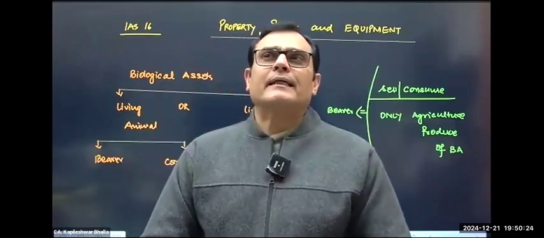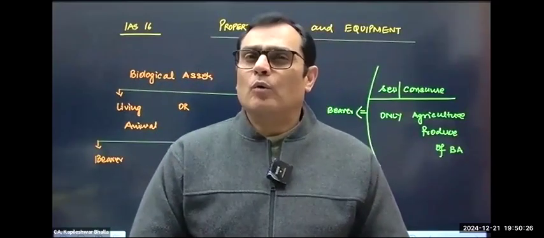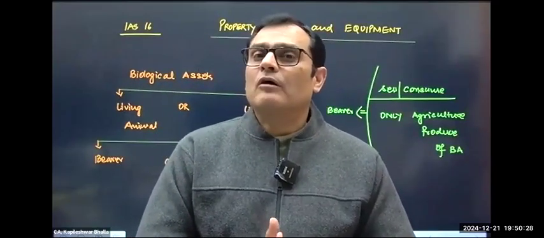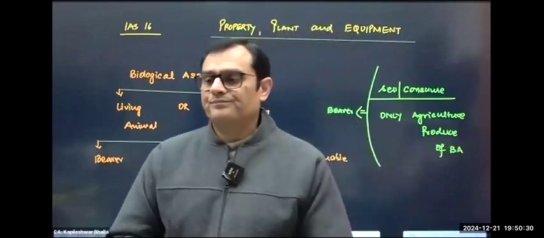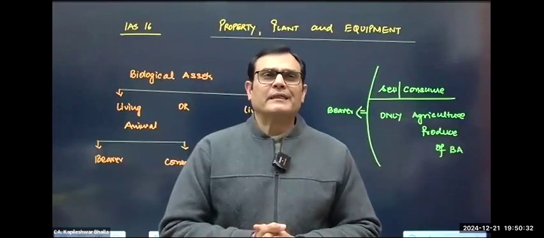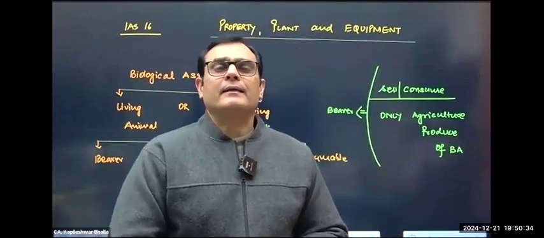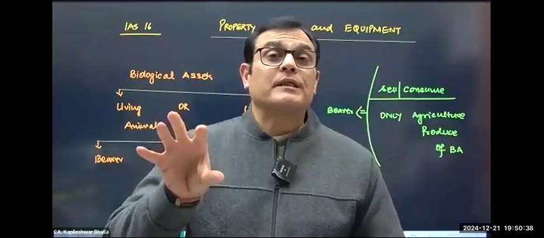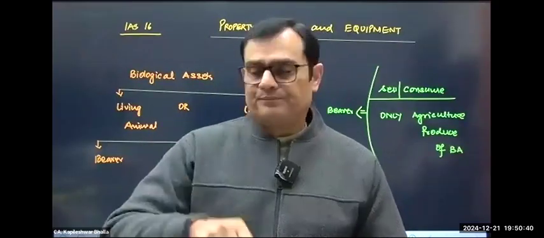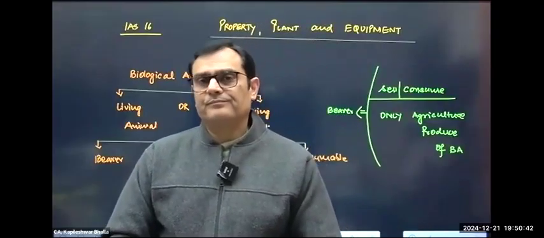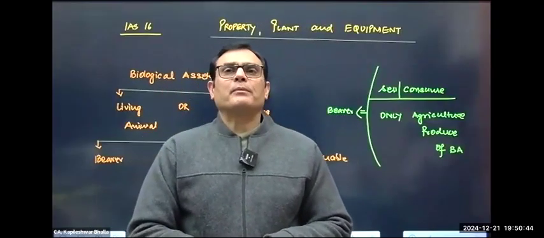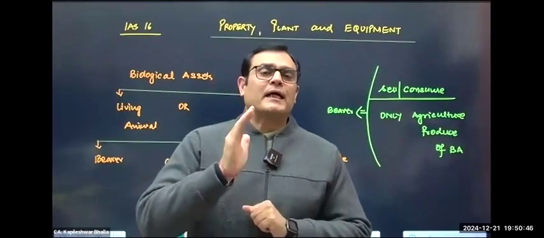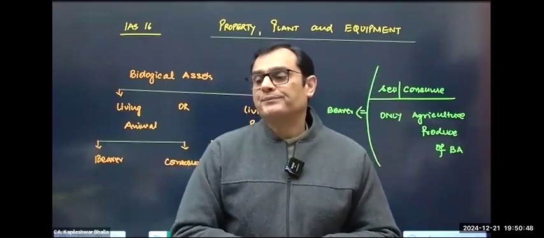Let's say I am looking at a cow and I'm only going to sell the milk. Bearer. Wonderful indeed. Let's say I am looking at a mango tree where I am going to sell the mangoes and also the wood of the tree. Consumable. Correct. Let's say I've got a teak tree which I am going to use as furniture.